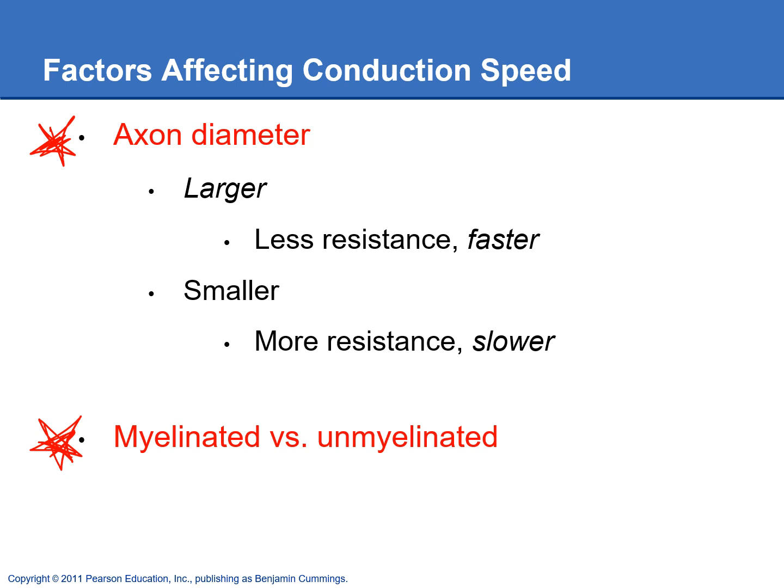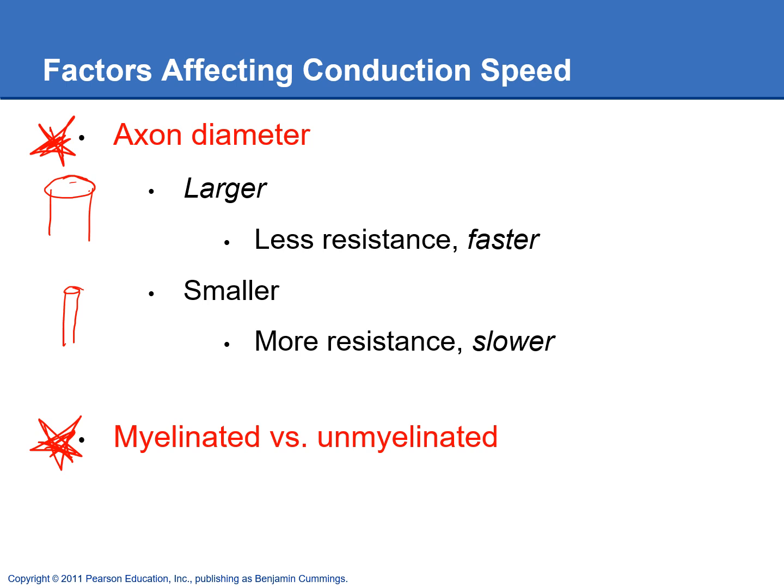It's just like drinking out of a glass with a straw. If you have a larger diameter straw, you're going to have less resistance to the flow, and you're going to get more drink through your straw, and you'll have a faster transmission of your drink than if you had a really small diameter straw that you're trying to drink through.